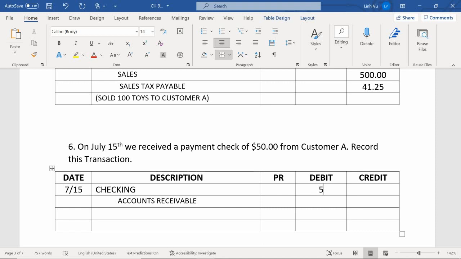Not 500, it's 50. So this person is giving us payments. We don't charge interest until maybe a year later, maybe give no interest, 0 APR. So in this case, the note is: received payments, PMT, from customer A.